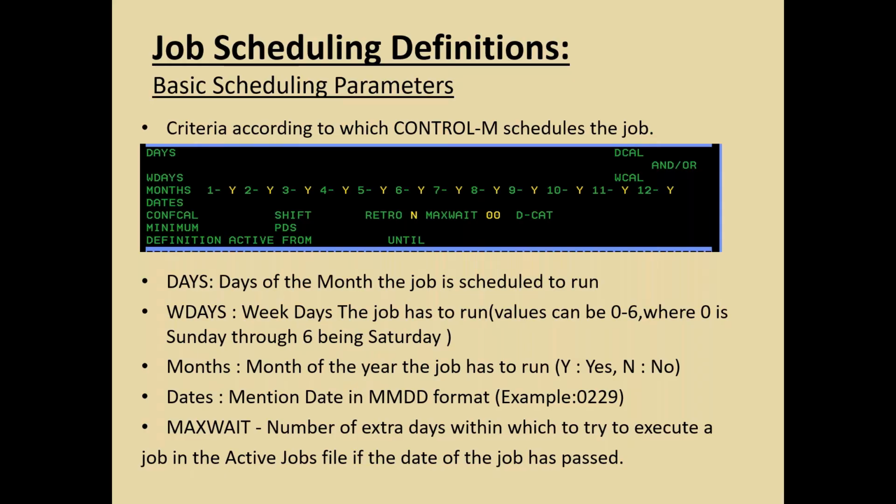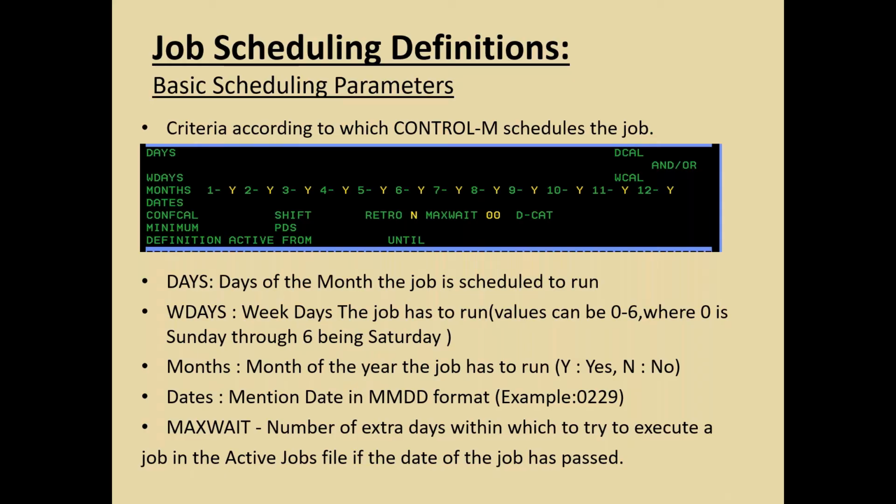This particular parameter explains in one year how many months this particular job is scheduled, whereas days gives you the days of a month the job is scheduled to run, whereas W days explains the weekdays the job has to run. That value can be 0 to 6, where 0 is Sunday and 6 is Saturday.